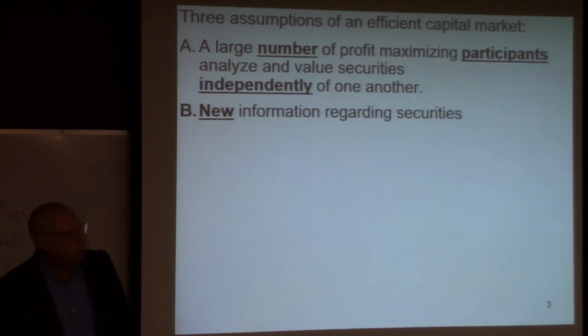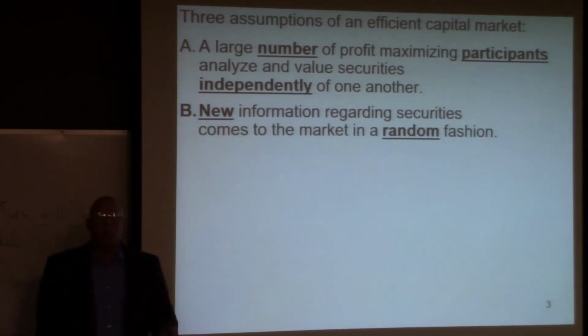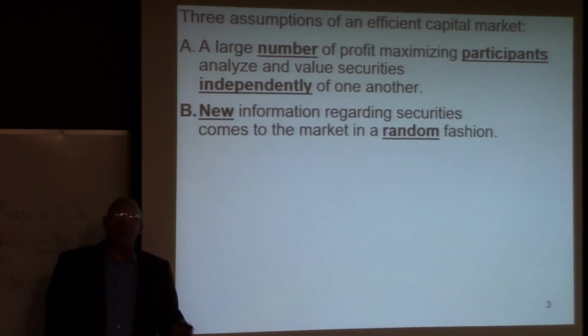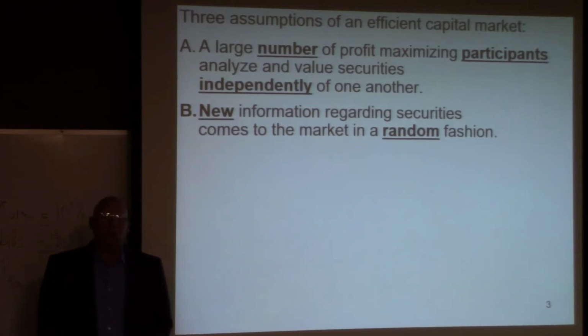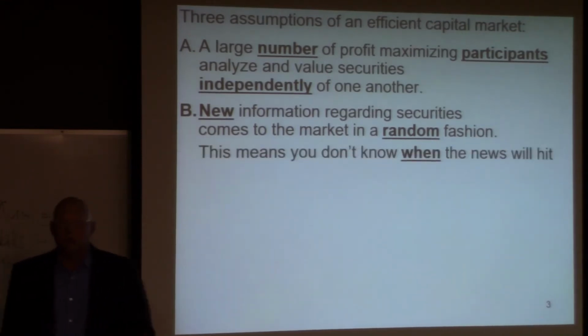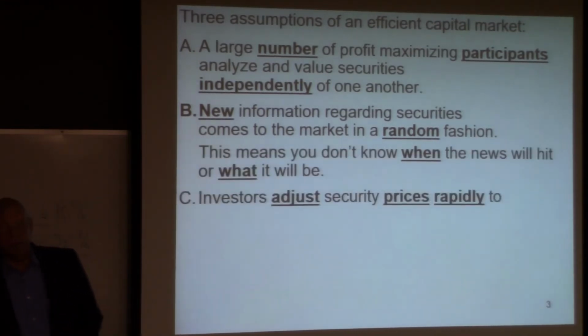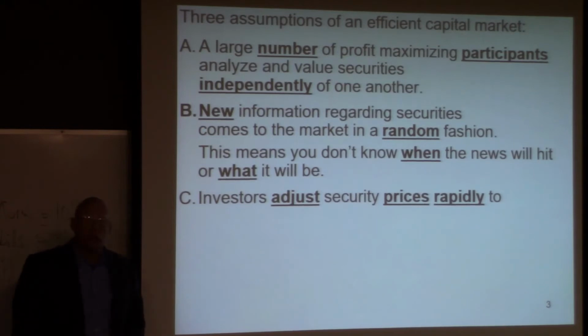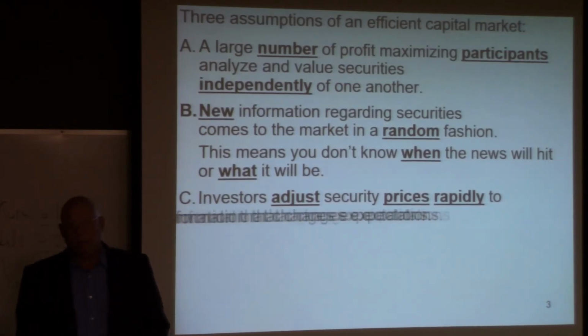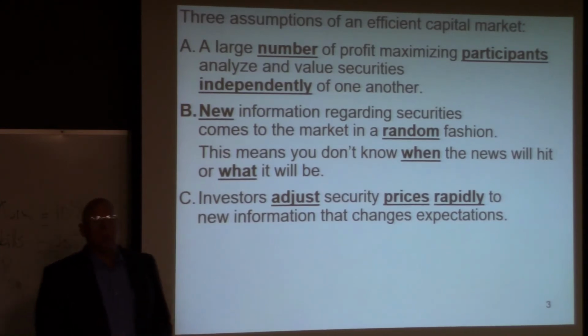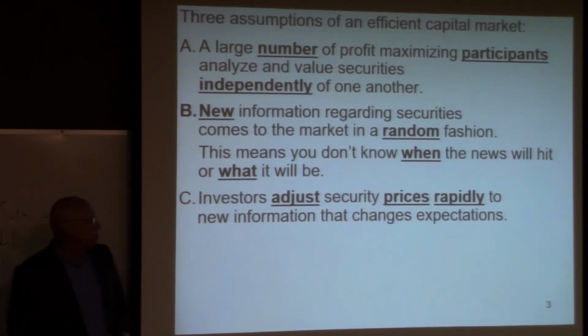Two, we assume that new information regarding securities comes to the market in a random way. In other words, we can't predict it. We don't know what the news will be, and we don't know when the news will happen. You don't know when, and you don't know what. And then third, we assume that investors will adjust security prices rapidly to new information that changes expectations.